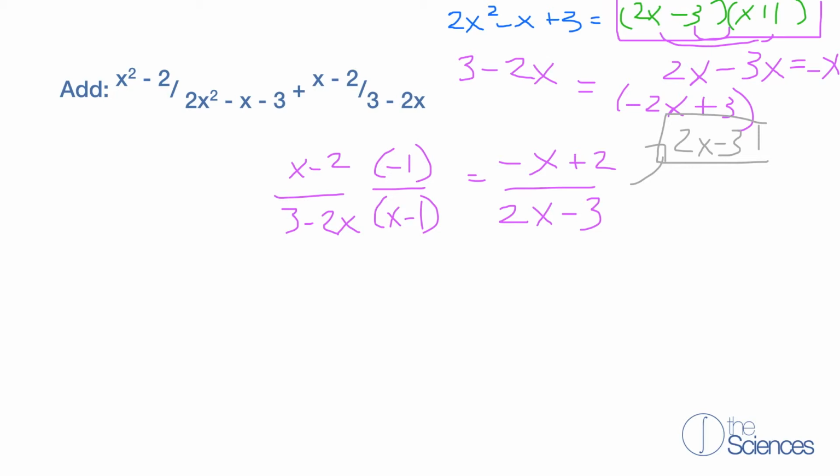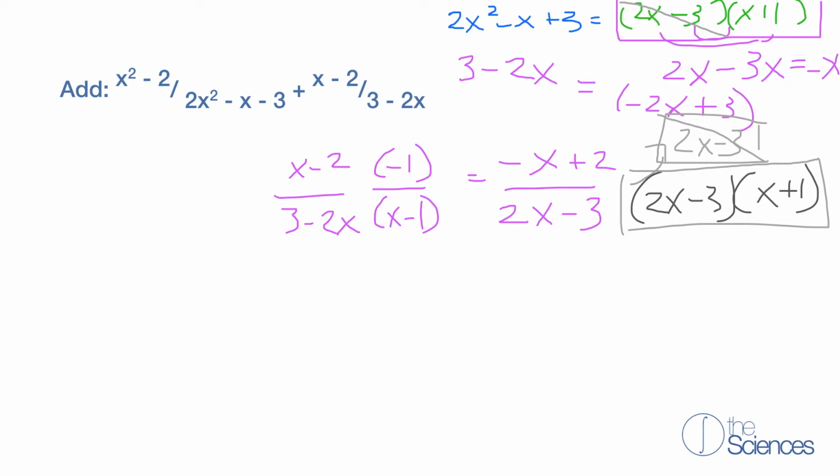So now we're going to list all the factors from our first term, which is 2x minus 3 and x plus 1. So now we're going to list any unlisted terms in our second. So we can cancel this out and we can cancel this out. So we listed all the terms. So this is our least common denominator.